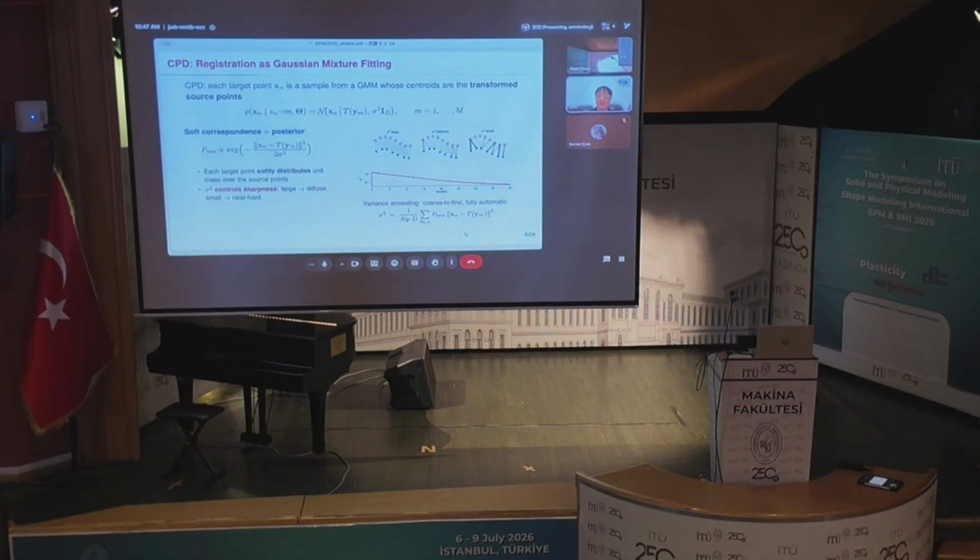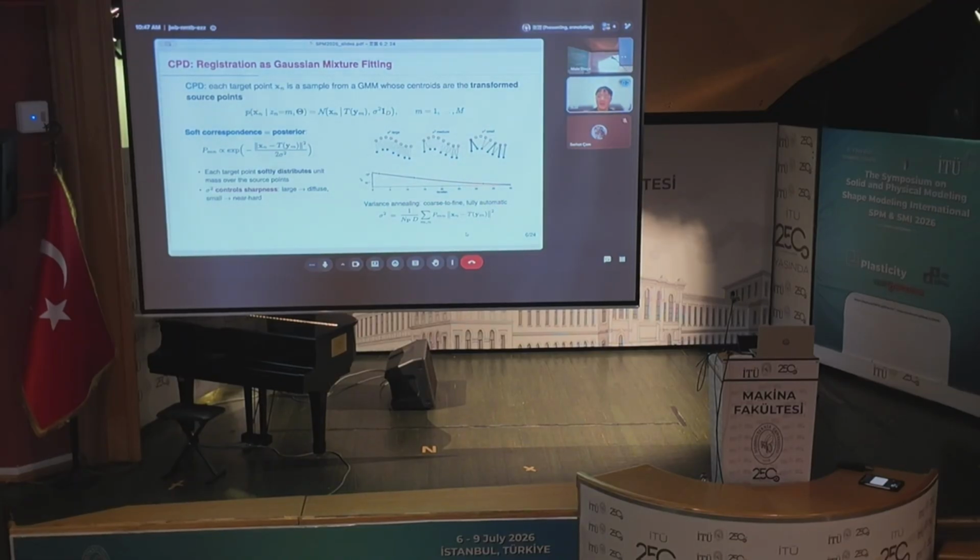Please remember 2 things. First, each data point gives 1 unit of mass. It spreads the mass over the source points. Second, sigma squared controls the sharpness. When sigma is large, the weights are soft. When sigma is small, the weights are sharper. And sigma updates itself with this formula.